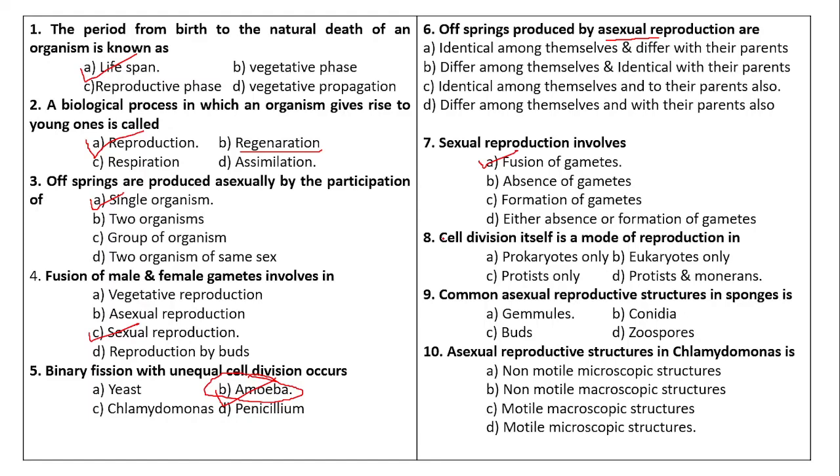Coming to the first one, that is prokaryotes. Pro means primitive. Karyon means nucleus. So prokaryotes are nothing but organisms having a primitive nucleus. What do you mean by primitive nucleus? The nuclear envelope will not be there.